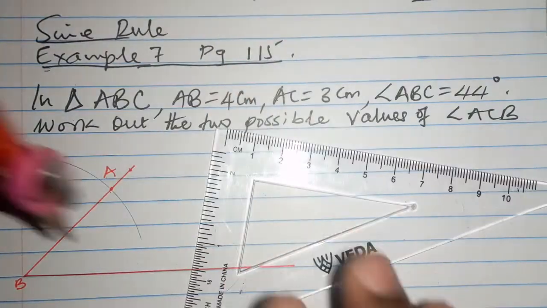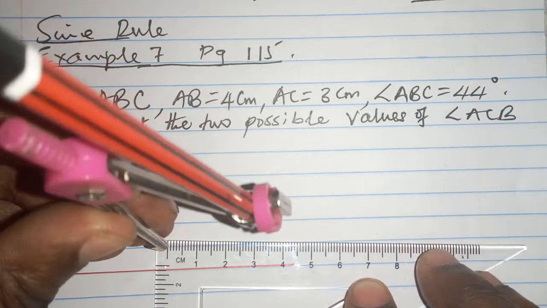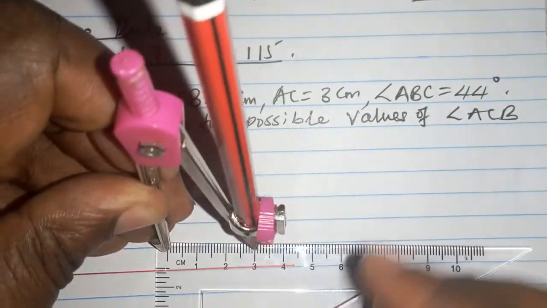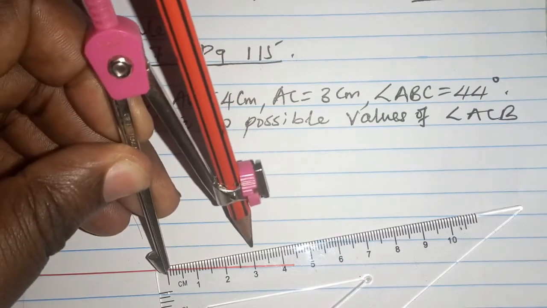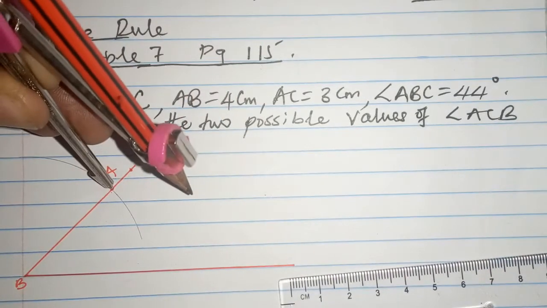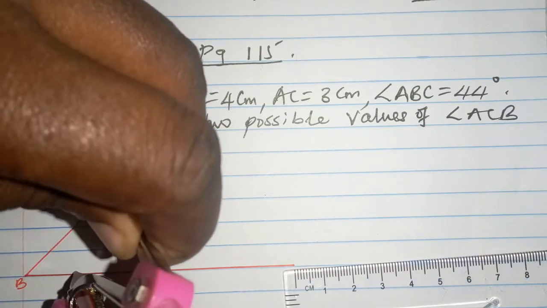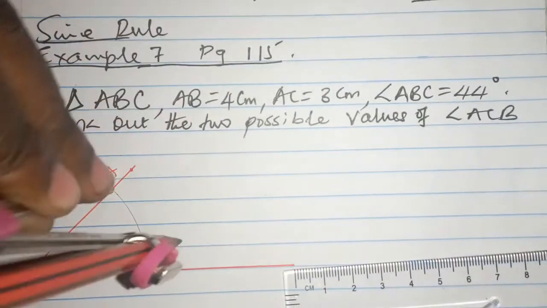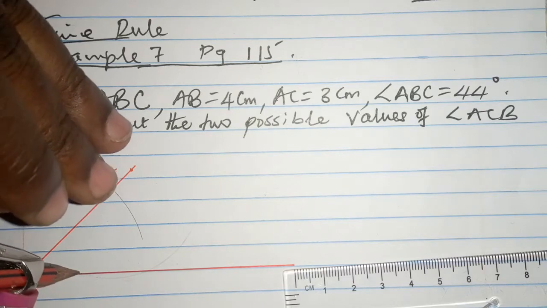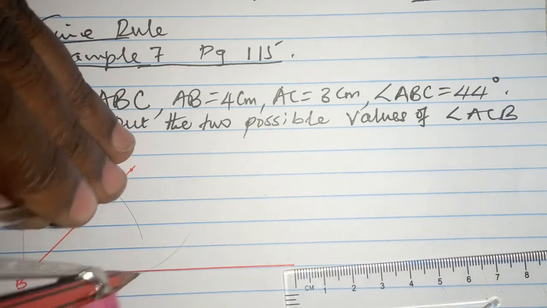If AC is 3 centimeters, then there must be two possible points where C lies. From point A, we measure 3 centimeters.